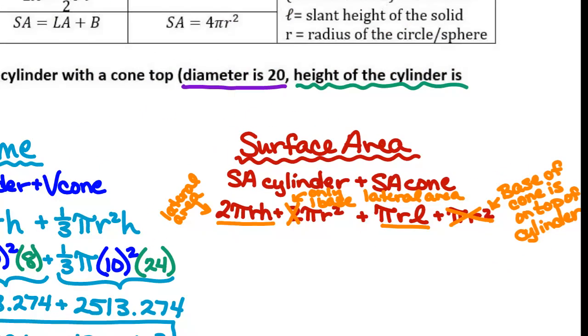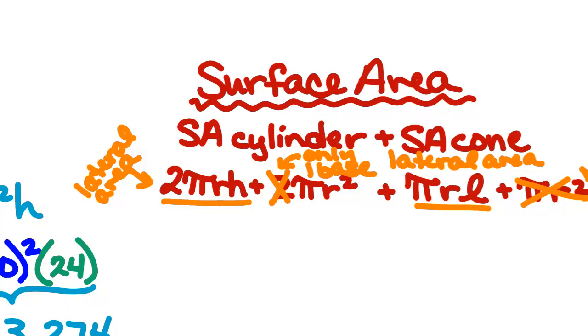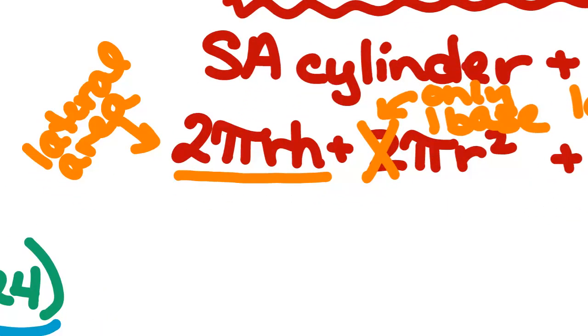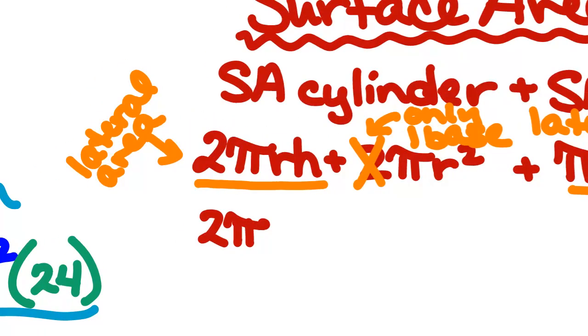All right, so far so good. Let's go ahead and substitute in what we know, and if there's something that we don't know, we'll find it along the way. All right, so I have 2 pi times radius, and I'm on the cylinder right now. What is the radius of the cylinder? 10 times the height of the cylinder, 8.